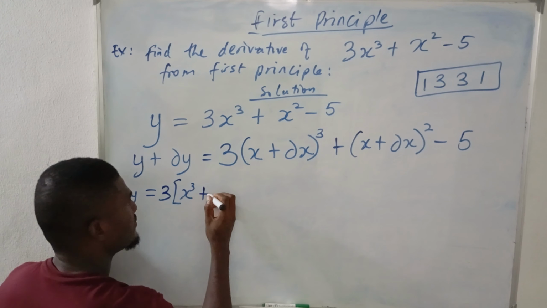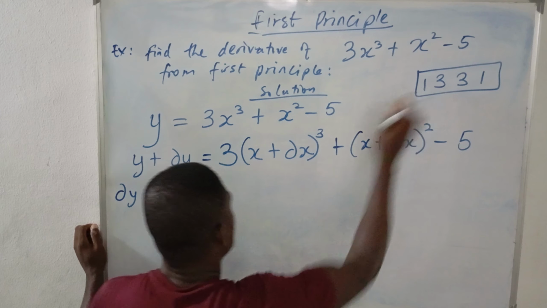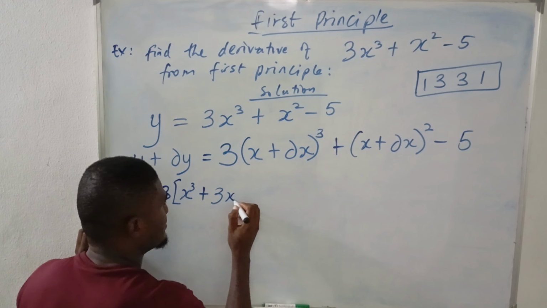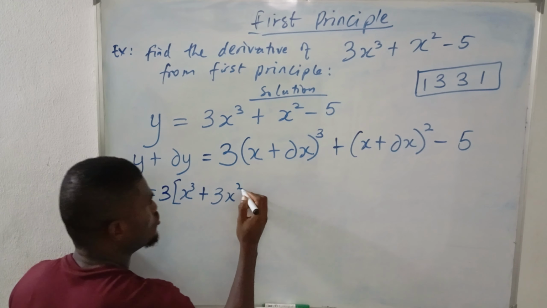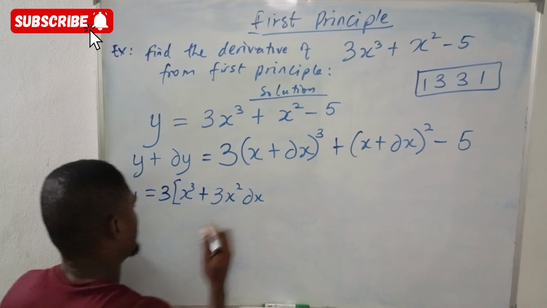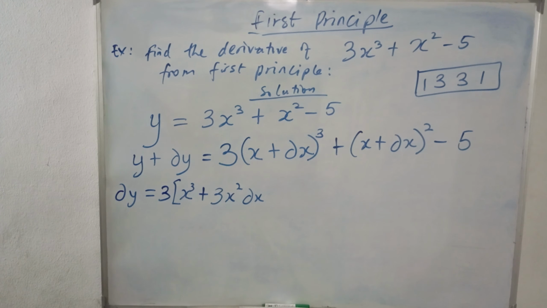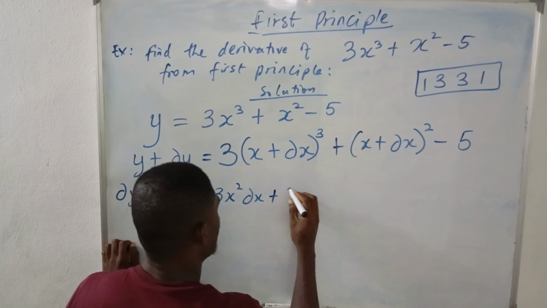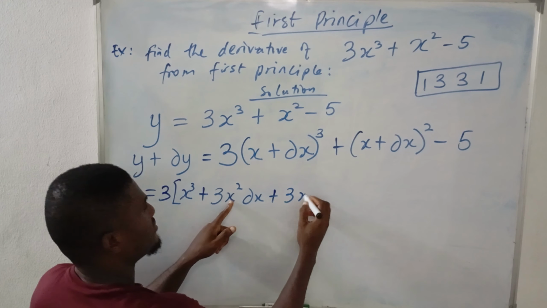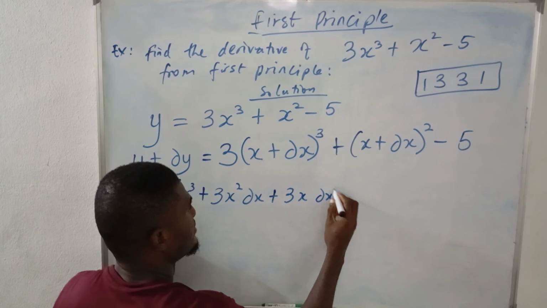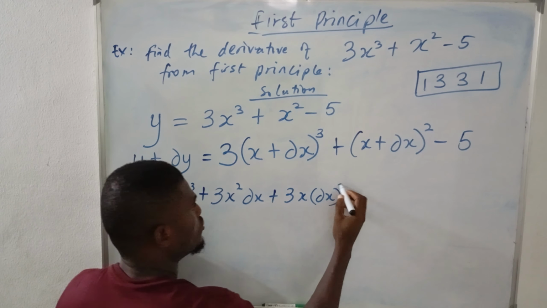So plus second coefficient, write down the coefficient 3. First variable, x, power decreases from 3 to 2, and the dx power increases from 0 to 1. Then we go on again. Coefficient again 3. The x power decreases from 2 to 1, while the dx power increases from 1 to 2.